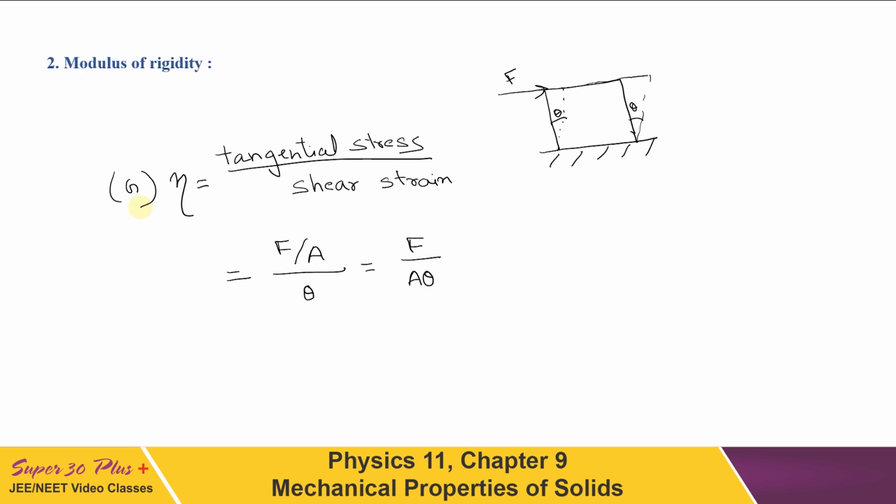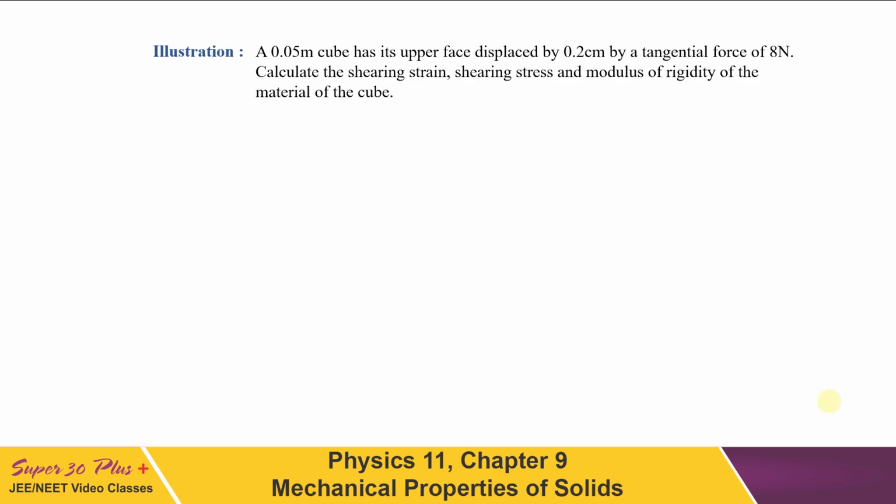Its unit again has to be Newton per meter square or Pascal. It is actually a measure of resistance to altering the shape of the body. Now let us see how numericals can be solved based on this kind of shear stress and strain. One illustration is there.